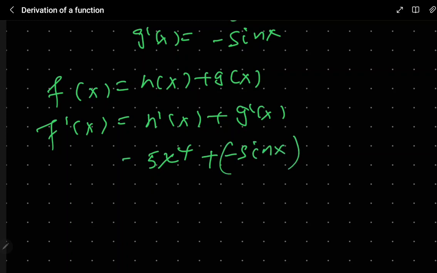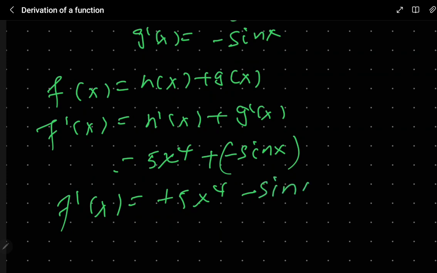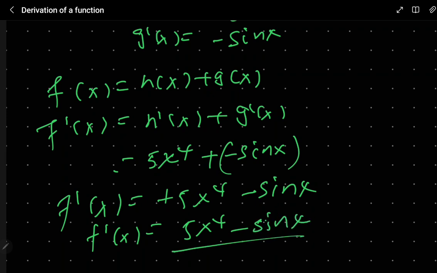So then f derivative of x is equal to 5x raised to 4 plus minus sine x, minus sine x, or f derivative of x is 5x to the power of 4 minus sine of x. That is the derivative.